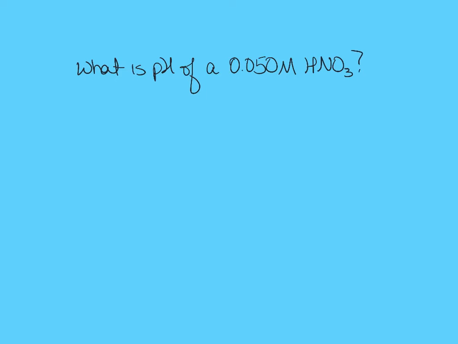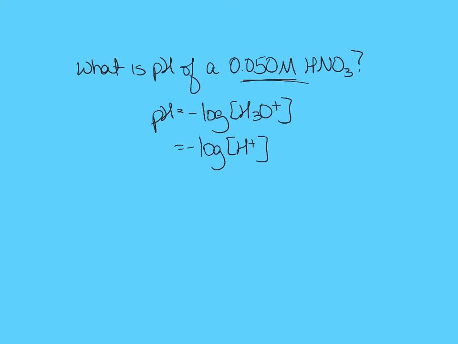Let's say I want to know what is the pH of a 0.050 molarity solution of HNO3. Okay? If pH is nothing more than the negative log of the hydronium ion concentration, or I could say the negative log of the H+ concentration, well, my concentration is 0.050.